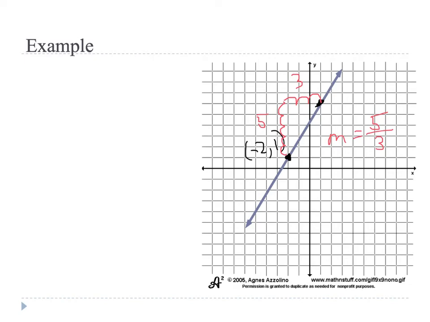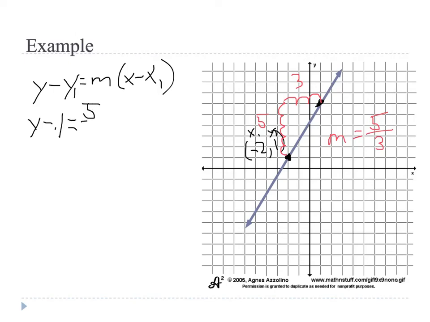Writing our equation, y minus y1 is equal to m times x minus x1. My coordinates are x1, y1, and I just plug in the information now. y minus 1 is equal to m, which is 5 over 3, times x minus x1, which is negative 2.